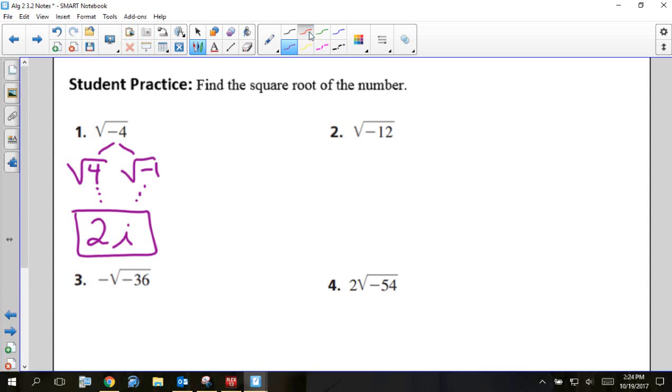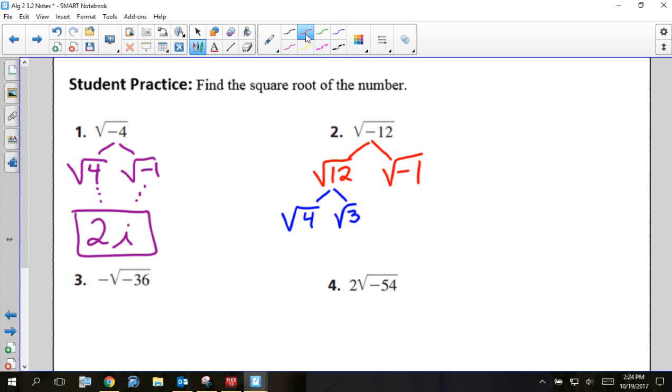With number 2, some of you broke it apart in different orders, but I would start with 12 and -1. That's what I would start with, but it doesn't really matter what order you go in necessarily. And then from there, the 12 breaks down to 4 and 3.